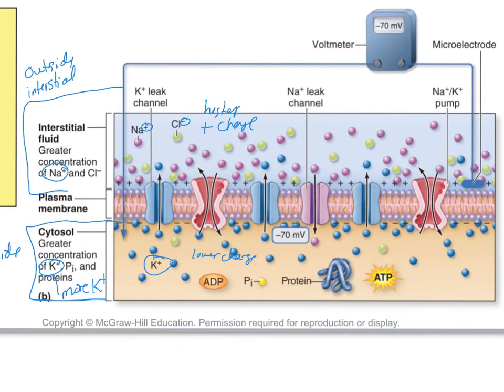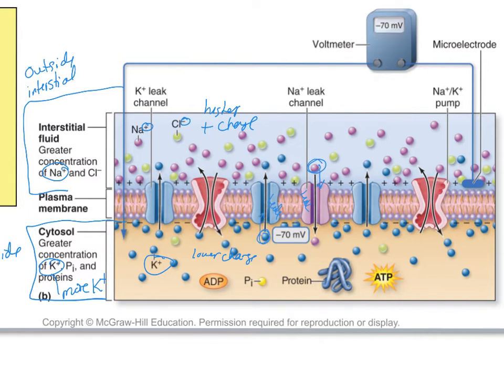Now, if we look at this picture, I've got leak gates right here, and here. Notice that they have different things going through them. So this one allows sodium through, and this one allows potassium through.